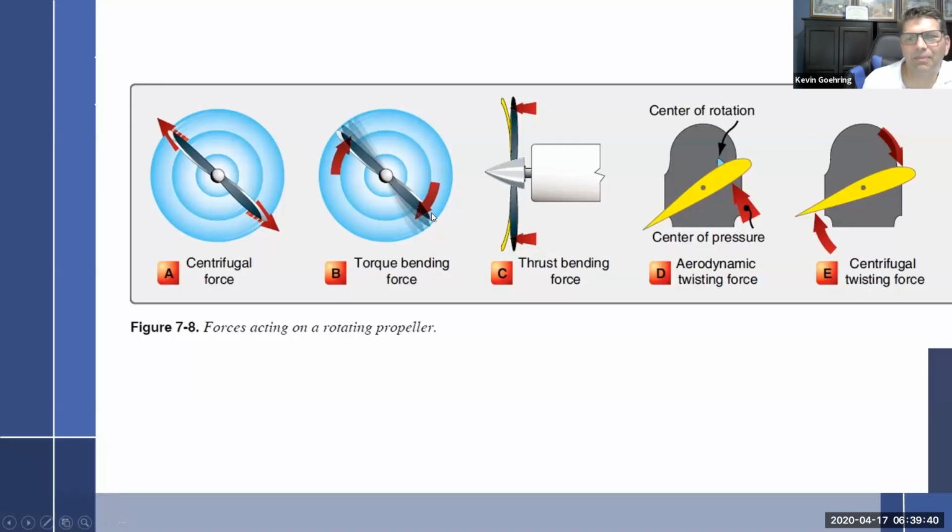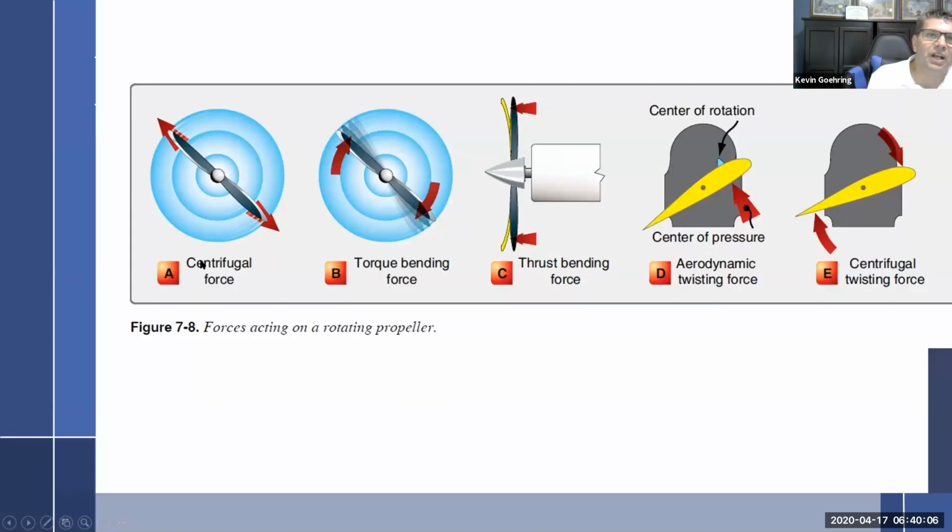They're on the propeller, but they don't really do anything for us. Really the centrifugal twisting force, the last one, we're going to use a lot to do work in a propeller and make it do what we want it to do. So I could almost say A through D are just there and they don't really help us do anything. They're just a hindrance. E actually can help out.